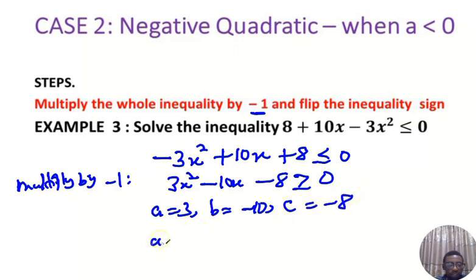So find your AC. Our AC is 3 times minus 8, which is minus 24.